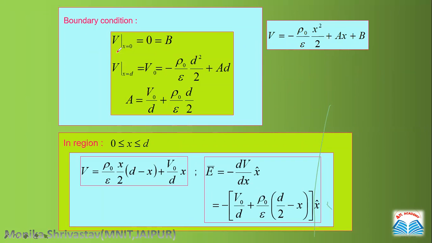Next, we have to apply the boundary conditions. So b will be 0 from x equal to 0, and at x equals to d, we can solve this for a. We'll put the values of a and b from these equations. This b equal to 0 we will put and this value of a we will put, and in this region we will get this type of solution.